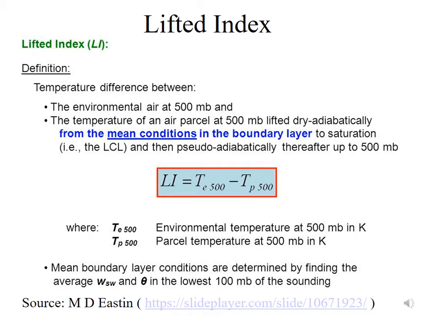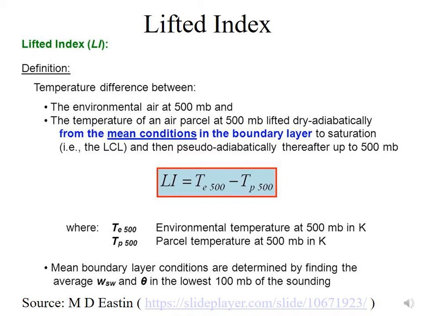If the environment is warmer than your air parcel, then the lifted index is positive. Basically that means the air parcel is negatively buoyant, because the environment is warmer than the air parcel, so the air parcel is colder and is going to sink. If you have an air parcel that is positively buoyant, warmer than the environment, you'll have a negative lifted index.